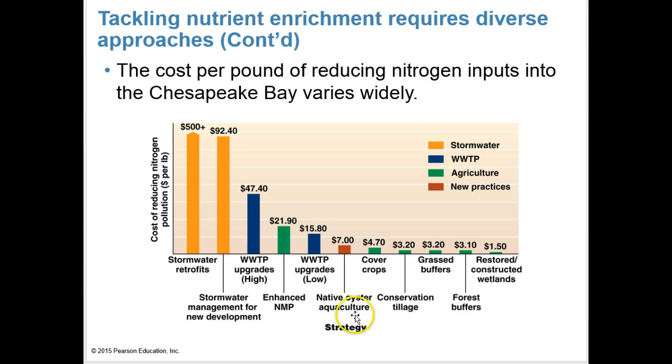Oysters, like the ones in the Chesapeake Bay, help to filter out nutrients in water and make the water healthier. So aquaculturing oysters that are native to their areas and adding them back is another strategy, and is actually one of the strategies that has helped the Chesapeake Bay turn its problems around.